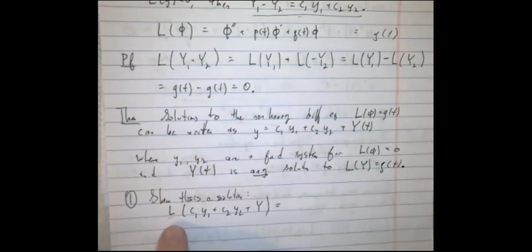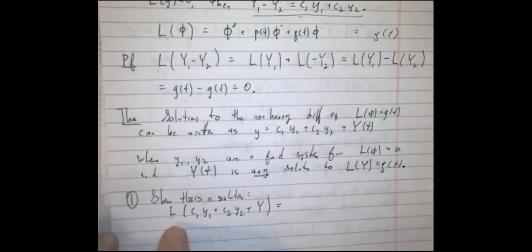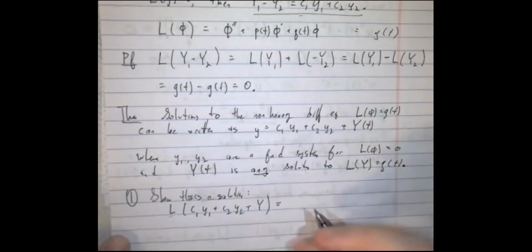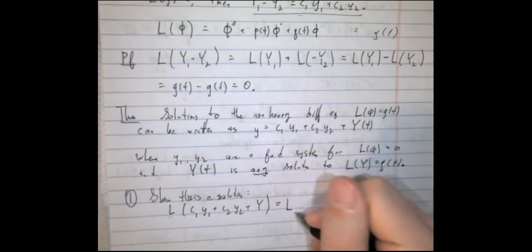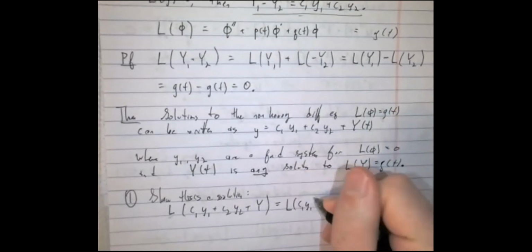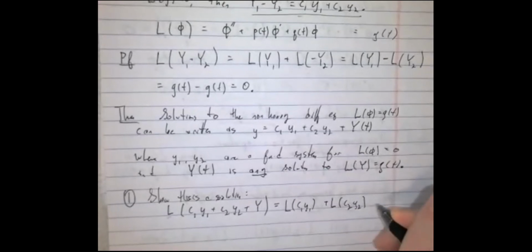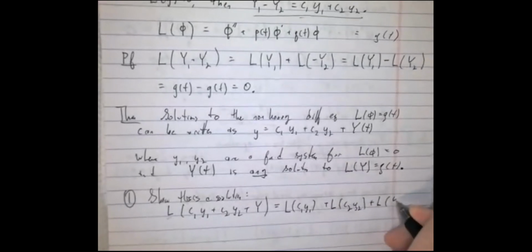Remember that this L is some combination of the differential operator derivative, D, and multiplication by functions, and that's a linear operation. So L of some sum of things is going to be equal to L of c1 y1 plus L of c2 y2 plus L of Y.